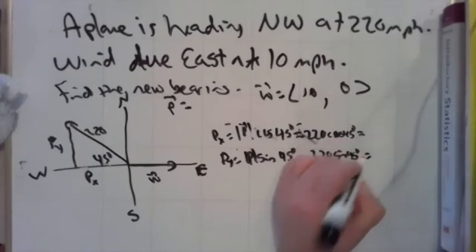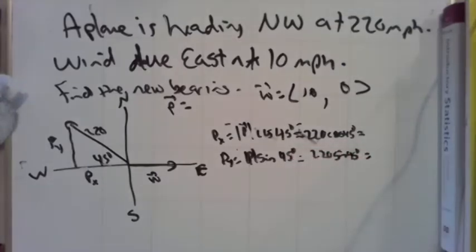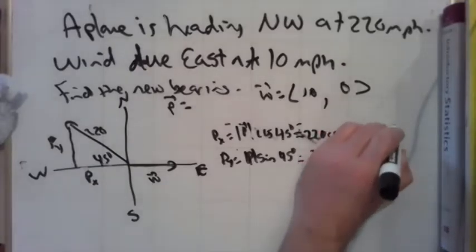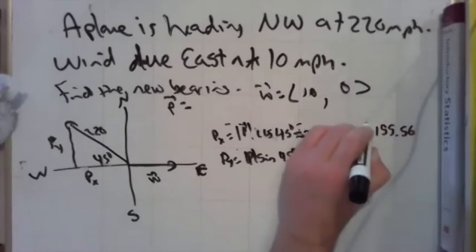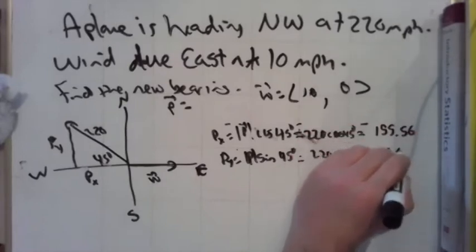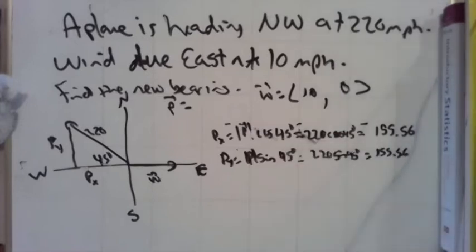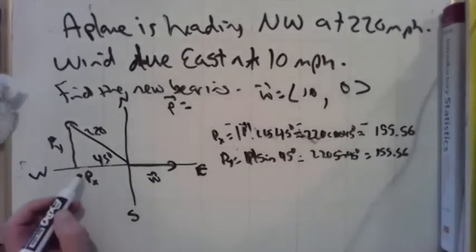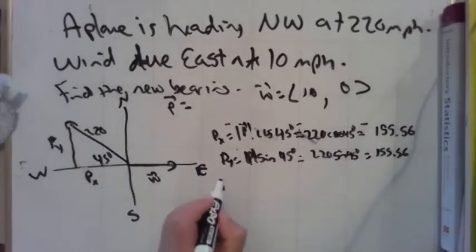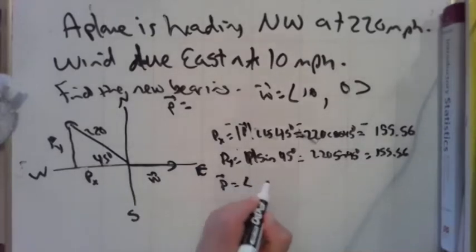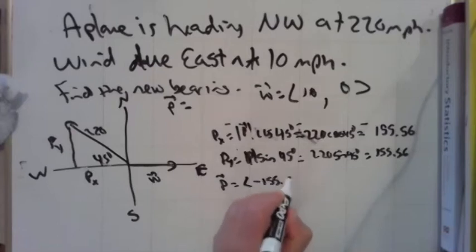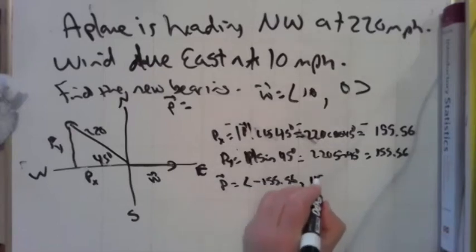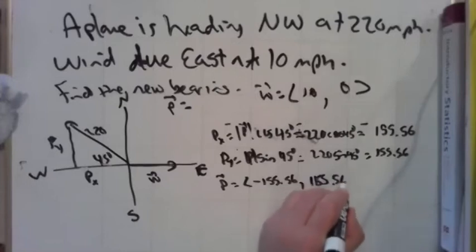All right, so I'm going to type both of those into my calculator. I get 155.56 for both, but the first one's negative. Remember, this x component, look at the picture, is negative. So my plane vector written in component form is negative 155.56, comma, 155.56.